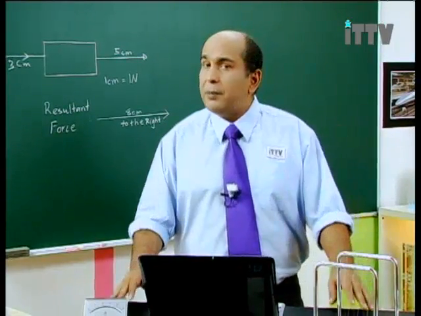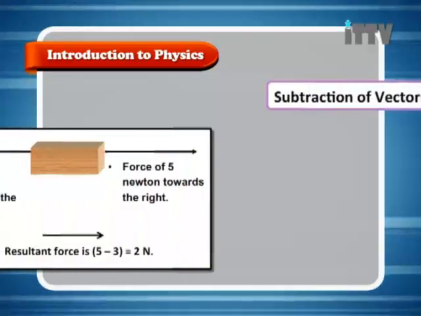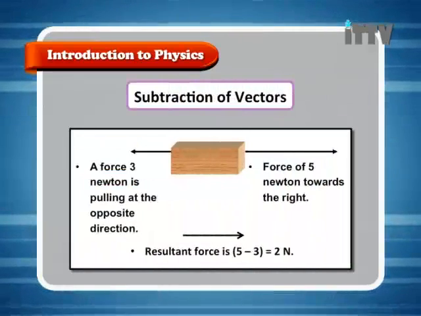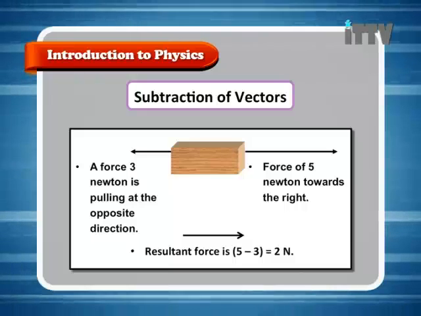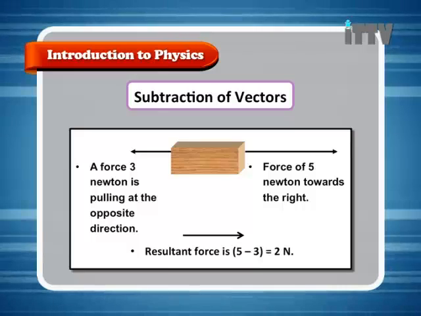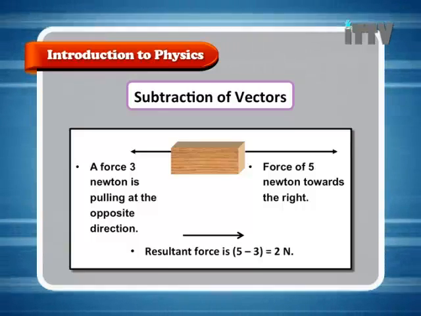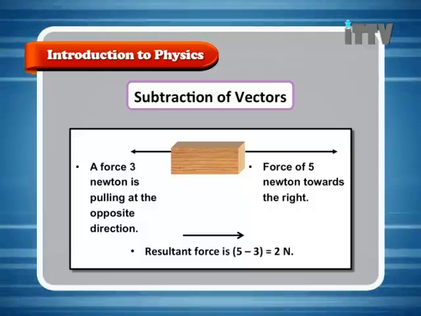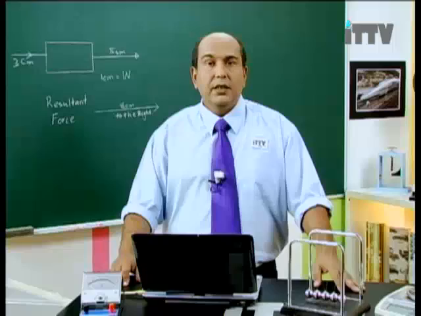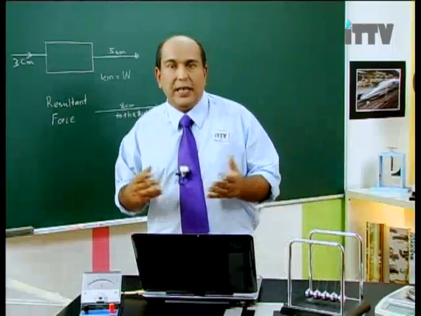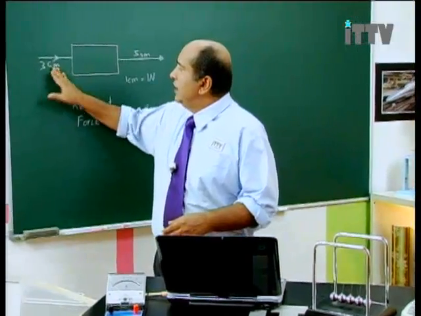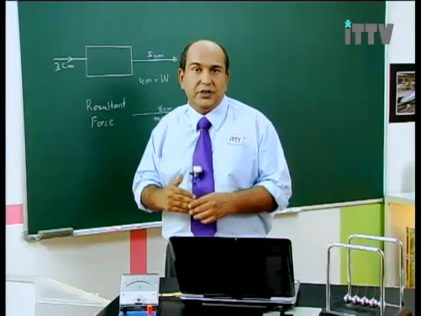We can also do subtraction of vectors. Subtraction of vectors. In this case, the net force is 5 minus 3 equals 2 newtons towards the right direction. So in this case, what has happened is this force is going in the opposite direction.